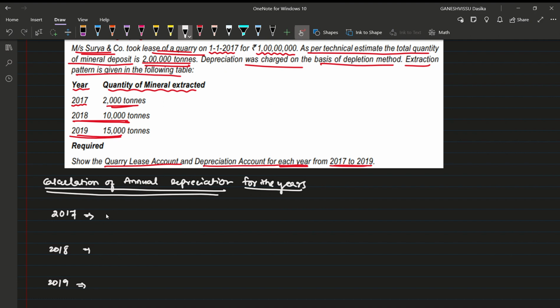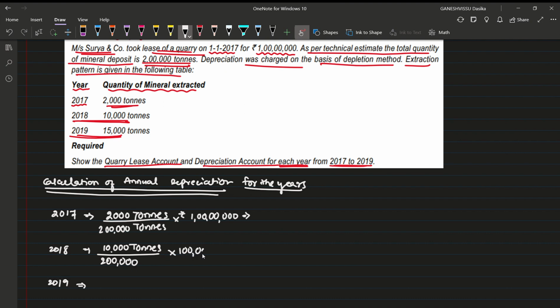So what is the depreciation in 2017? The extracted quantity is 2,000 tons, and the total is 2 lakh tons. So 2,000 divided by 2 lakh tons into 1 crore is the value. In 2018, 10,000 tons have been extracted out of 2 lakh tons, and we multiply with 1 crore.